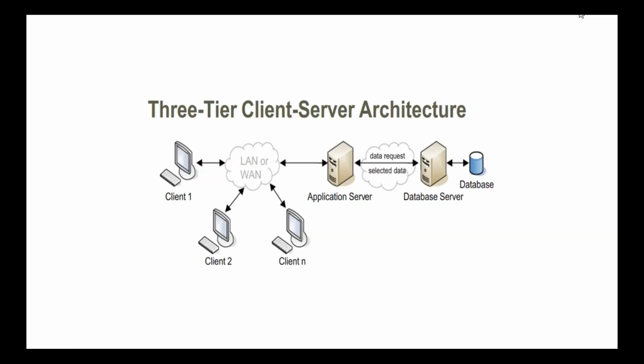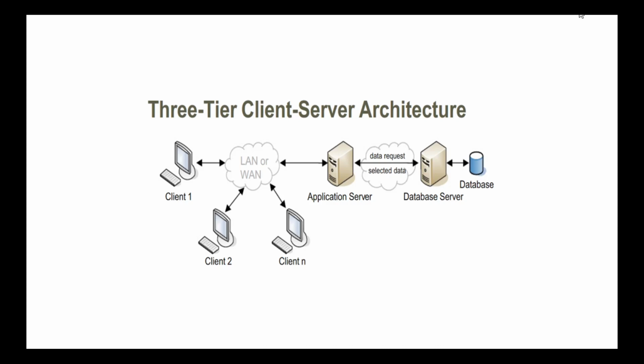Coming to this diagram, this is the three-tier client server architecture. So many clients are connected through LAN and WAN to the application server first. The application server receives our requests and processes those requests inside the application server, and the data requests are sent to the database server.